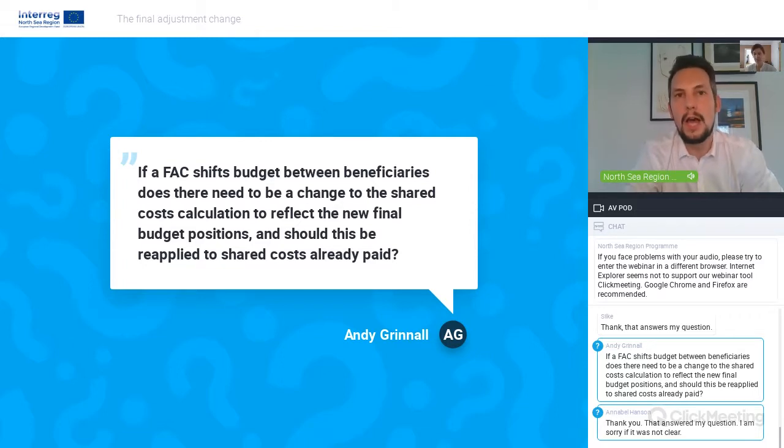And if it does, how are you then going to sort it out? Remember, the majority of our projects have covered shared cost arrangements in their partnership agreement. We're not asking you to submit an updated partnership agreement, but at least that would be your starting point for figuring out where you are and whether you need any changes to your arrangements. I hope, Andy, this answers your questions. If not, let us know.